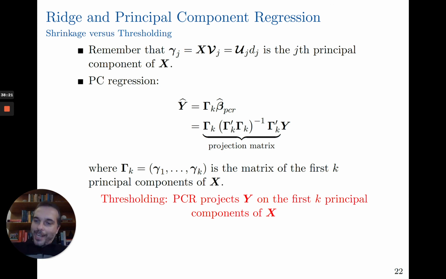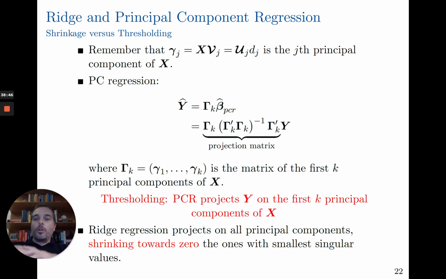So we are projecting only on k principal components. We're doing a kind of thresholding: we define a pre-specified threshold, select just the first k principal components, regress y on them, and discard the rest.